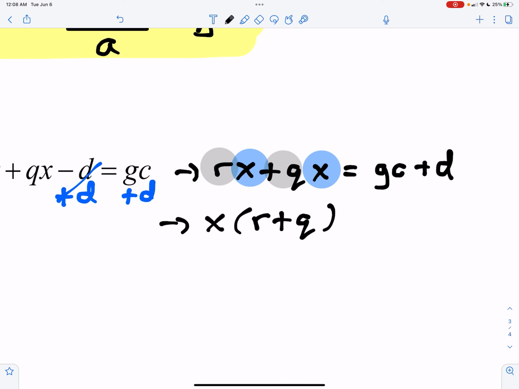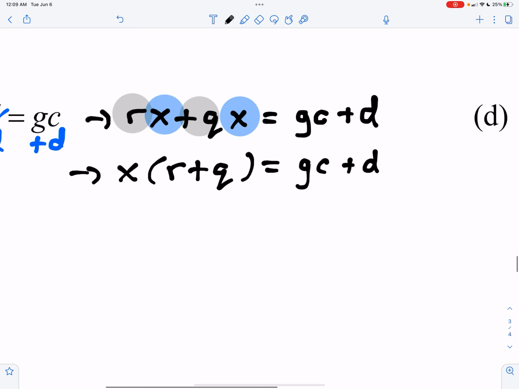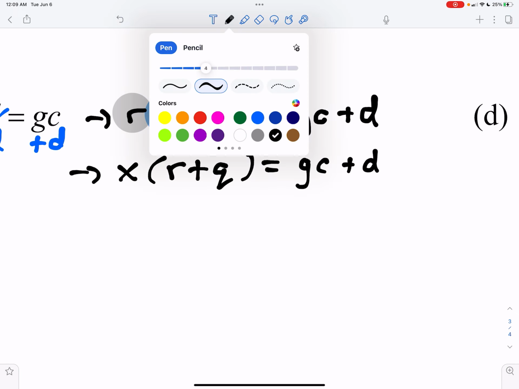It's kind of like the opposite of distribution. If I were to multiply it through, I get R times X and Q times X. Okay, so factoring is just the opposite of distribution. And that's equal to G times C plus D.